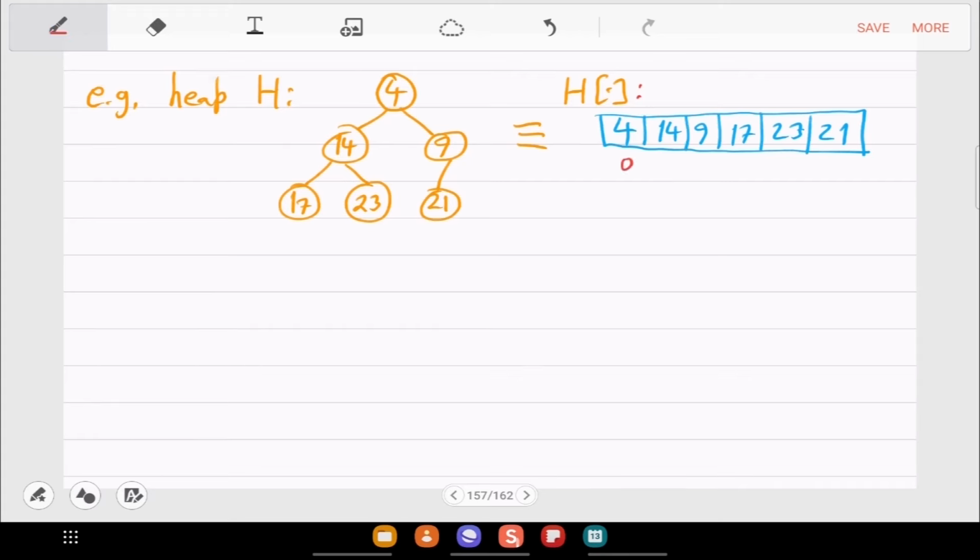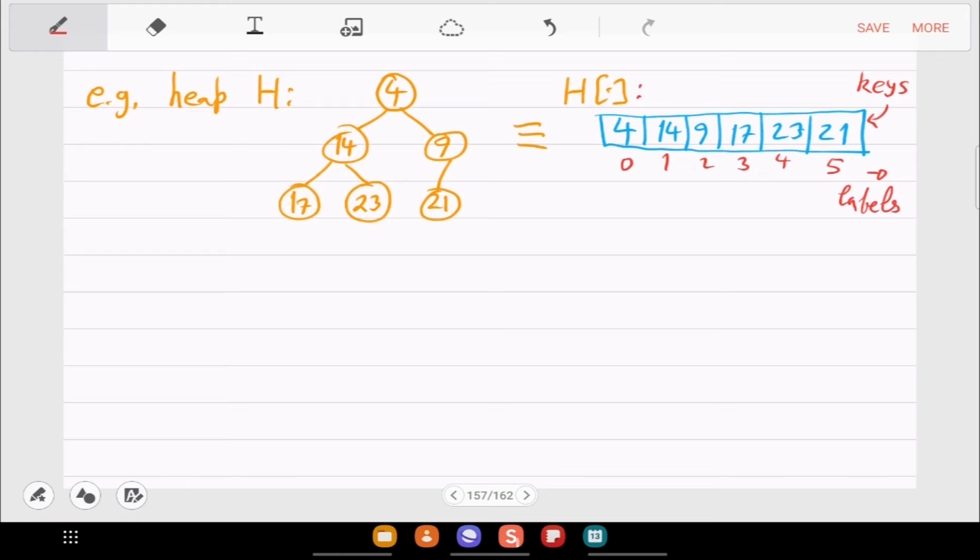So this is 0, 1, 2, 3, 4, 5. There were 6 elements in the heap, so 0 to 5 are the array indices. So the red ones are the labels or array indices, and these are the keys. We'll need both.